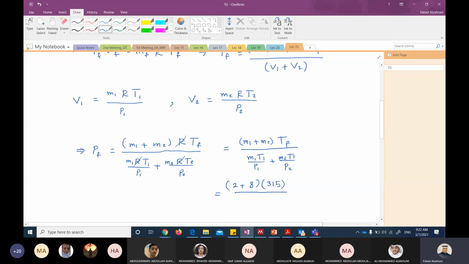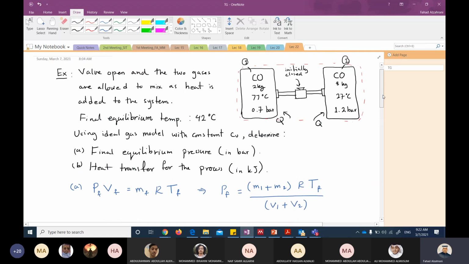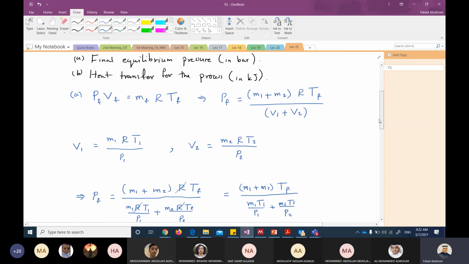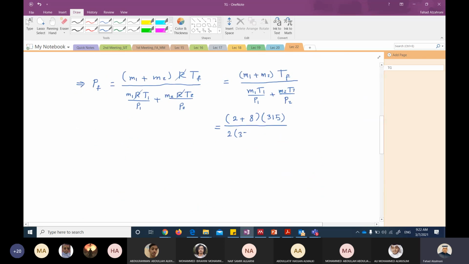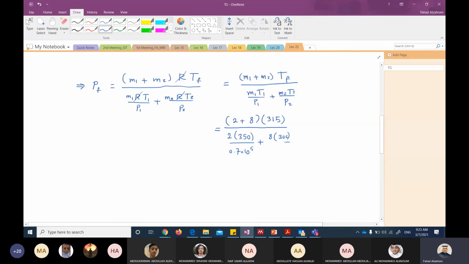So this is 315 divided by, I have 2 times T1, which is 77 plus 273, so 350 Kelvin, over P1, which is 0.7 times 10 to the 5 Pascal, plus 8 kilograms times 27 degrees Celsius plus 273, so this is 300 Kelvin, divided by 1.2 times 10 to the 5.